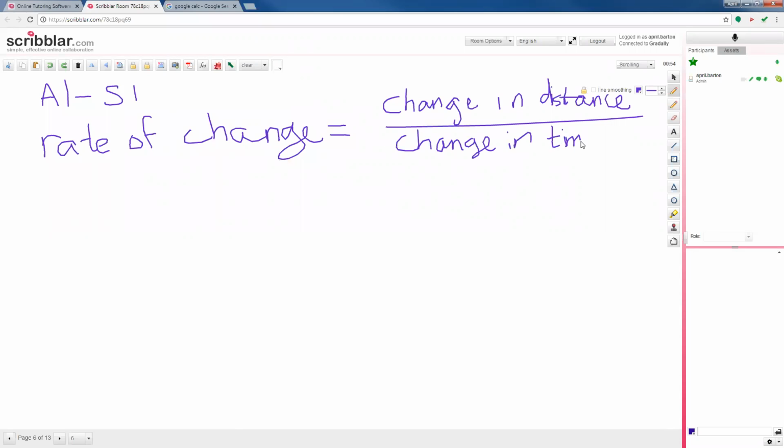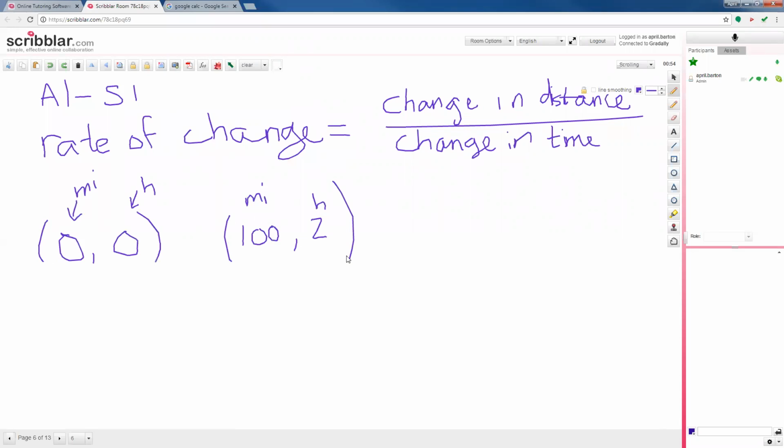So to make that a little more concrete, let's say you haven't started driving yet, so you're not going any speed. You've got no distance, you've gone 0 miles, and no time. 0 time has passed, 0 hours. But then let's say you drive for 2 hours and you've gone 100 miles in 2 hours. You can find the change in distance by subtraction.